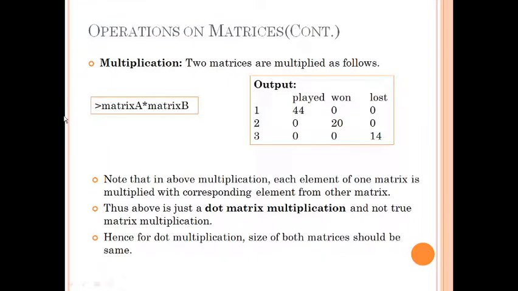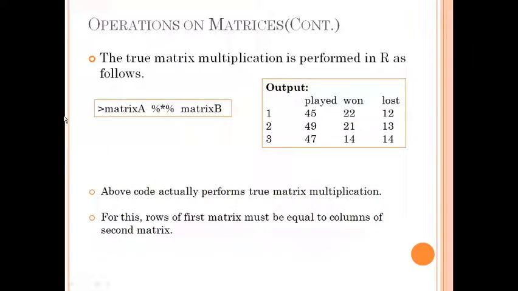If we go back, the second type of matrix multiplication available in R is the actual algebraic matrix multiplication, which we perform by multiplying the first row of the first matrix with the first column of the second matrix. In the true or algebraic matrix multiplication, the first row of the first matrix is multiplied with the first column of the second matrix to generate the first element of the resulting matrix.